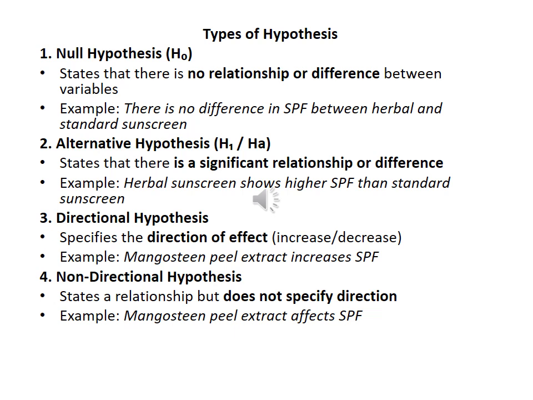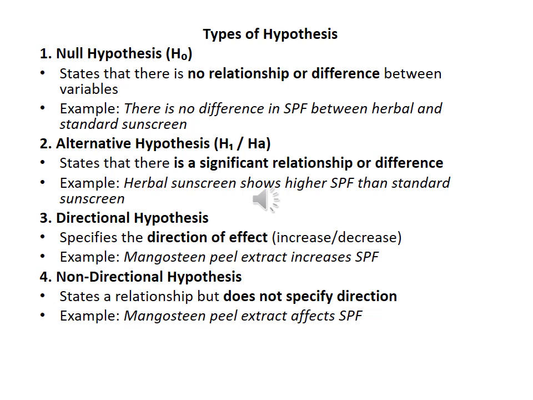In another example, we can take cancer and smoking habit. The null hypothesis says there is no relationship between smoking habit and development of lung cancer, whereas the alternative hypothesis says there is a relationship between lung cancer and smoking habit. The people who have a smoking habit may have more chance to get lung cancer.